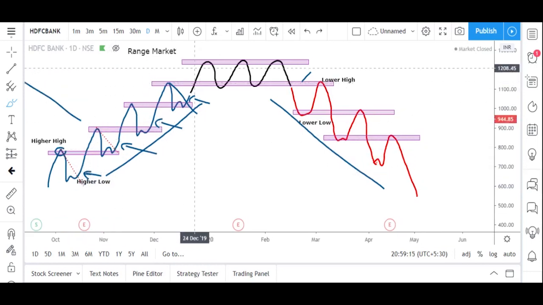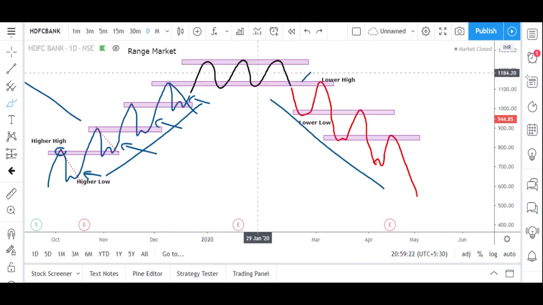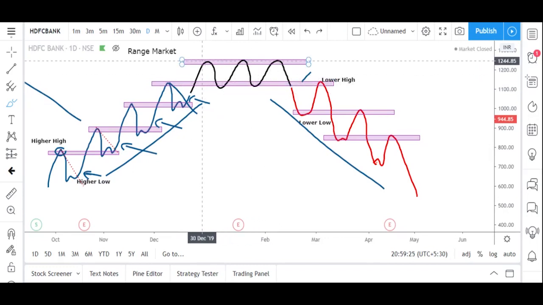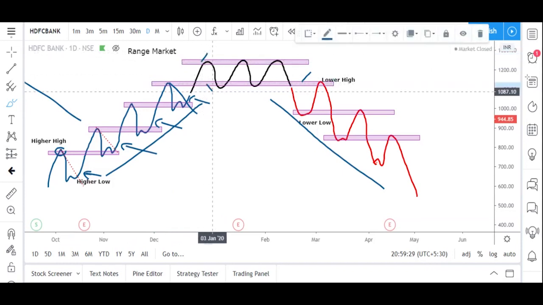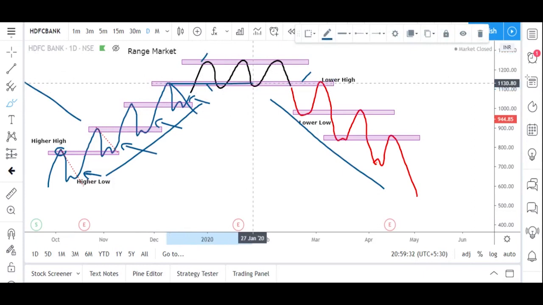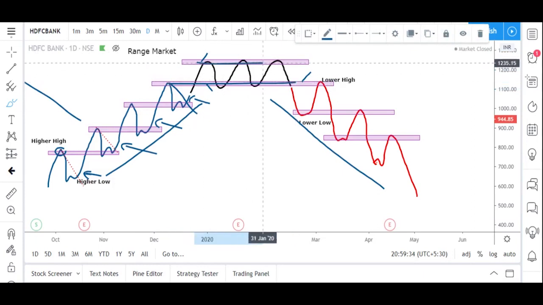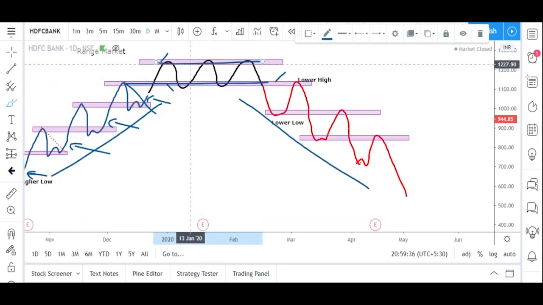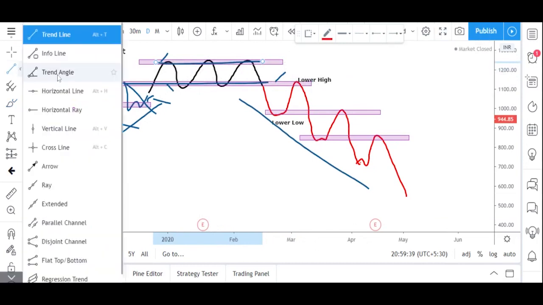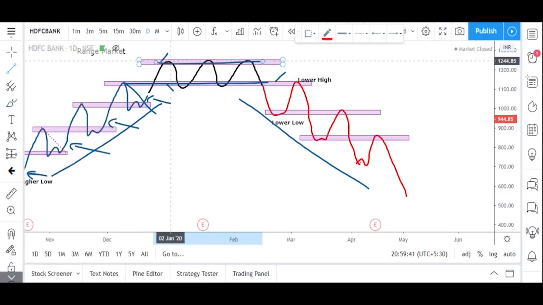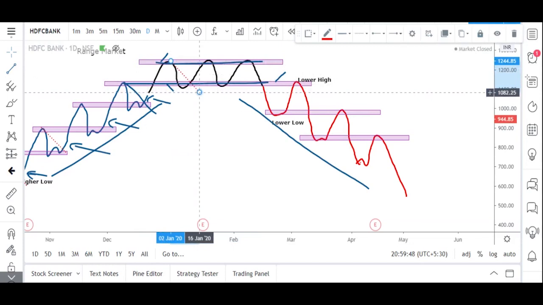So in the case of a range bound market or the sideways market, we don't have any higher highs or higher lows, or lower highs or lower lows here. So we make use of this resistance and this support, guys. This support and this resistance will help us to enter the trade. So we draw a short term trend line from here on the high or the resistance till here.